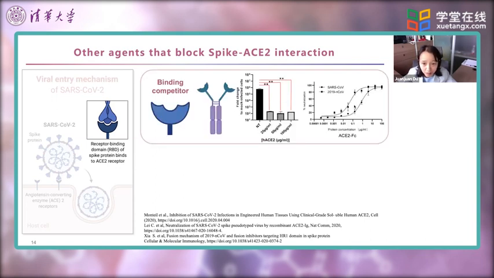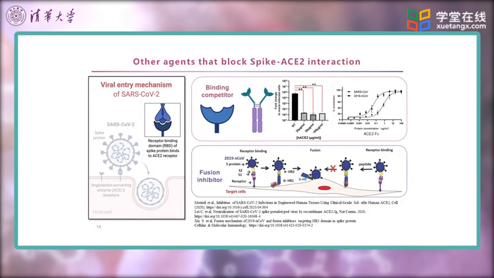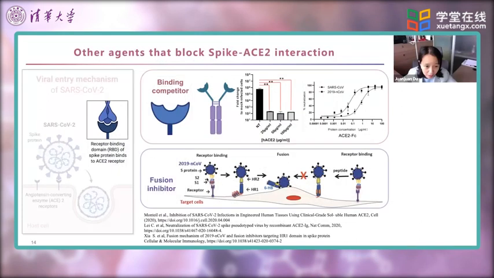There are also some studies showing that ACE2 receptor and other drugs derived from it can block the virus infection. And also, when the virus infects the cells, the S protein will undergo a conformational change to infect the cells.